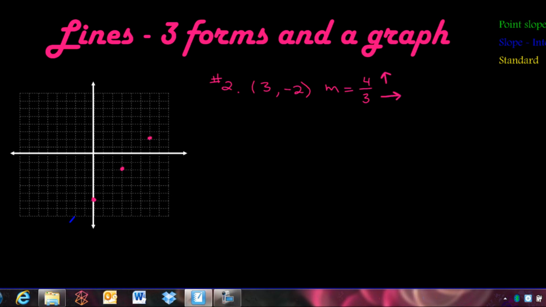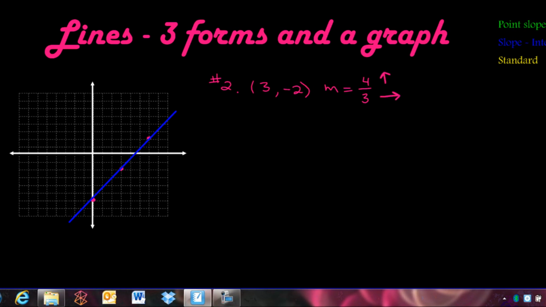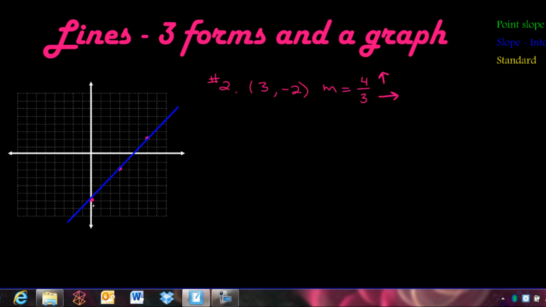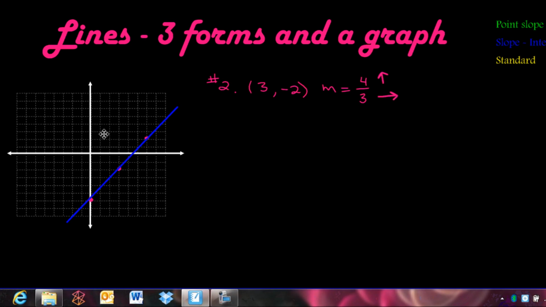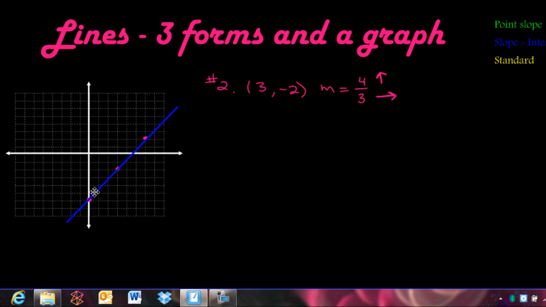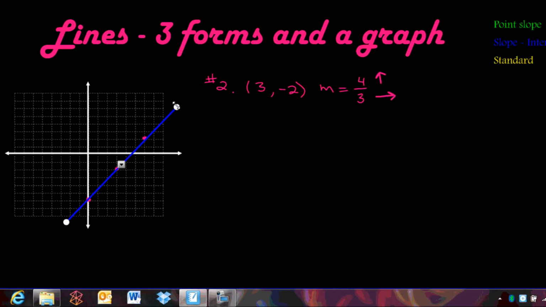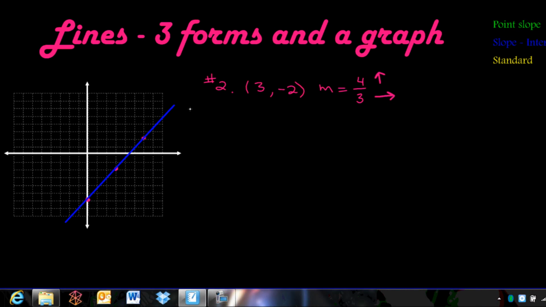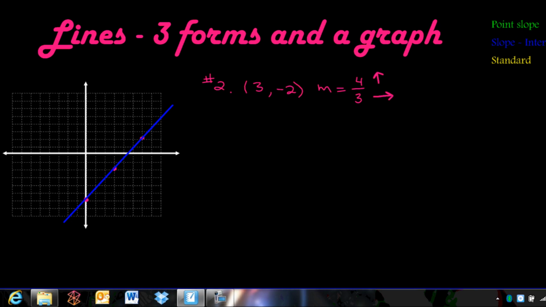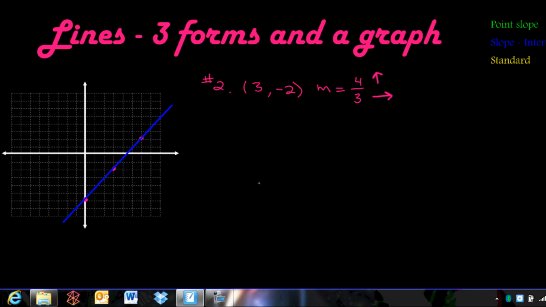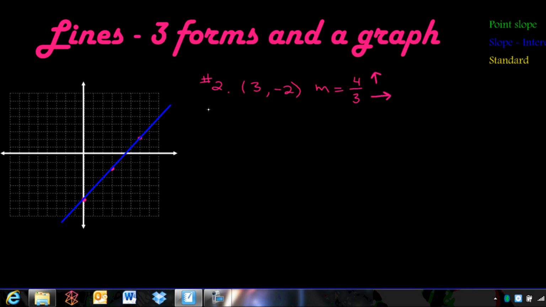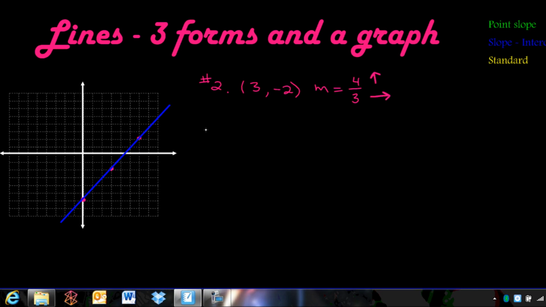Now, draw a line through all 3 of your points. There we go. Okay, now the first equation that we'll probably want to start with is slope-intercept form, because we're all familiar with that one.